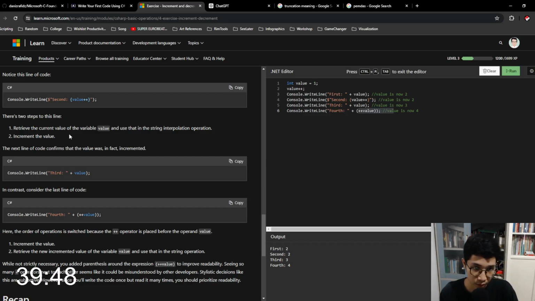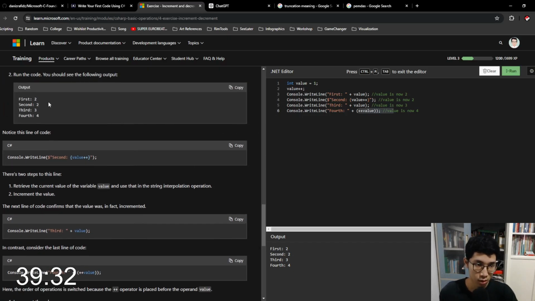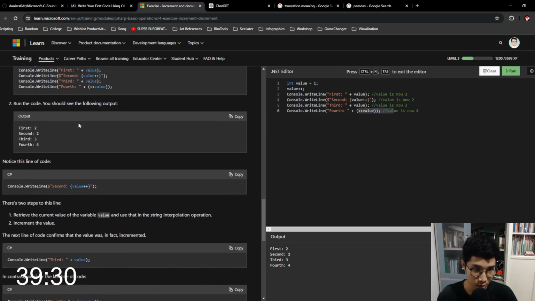Retrieve the current value of the variable value and use that in the string interpolation operation. Okay, I did correct in the previous code snippet, and then we can continue to the next line.